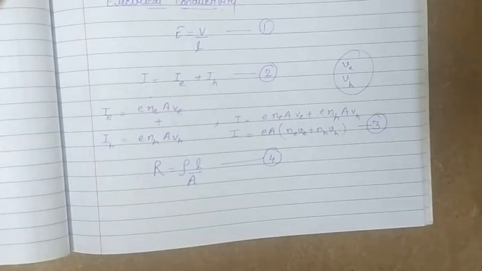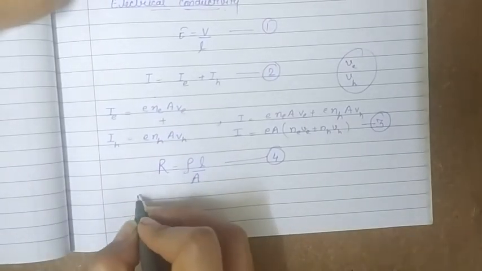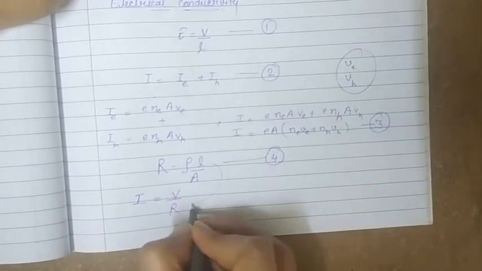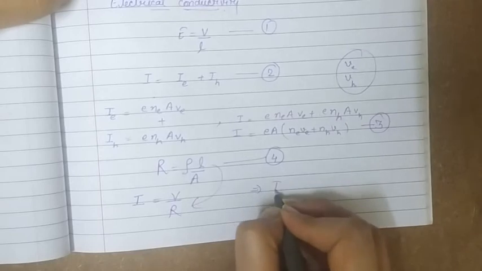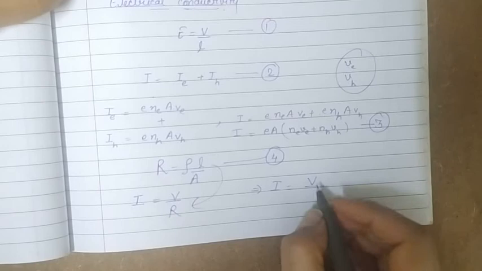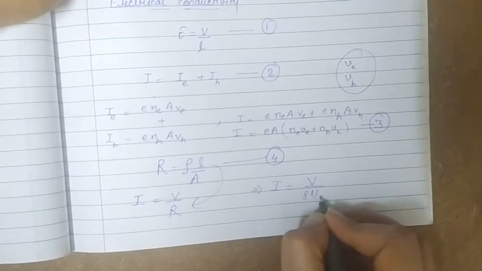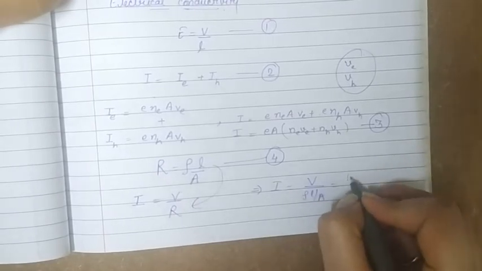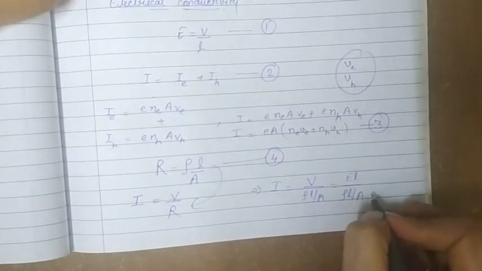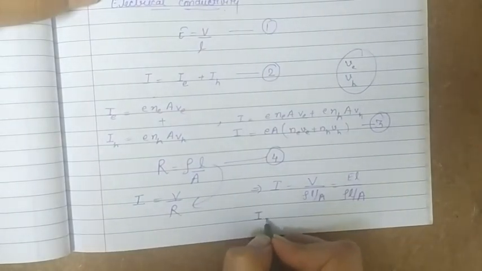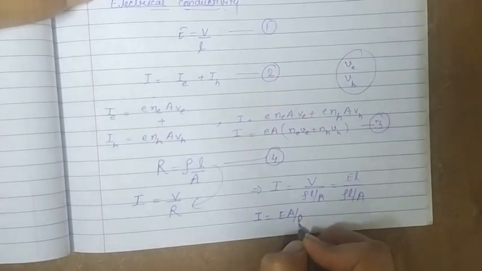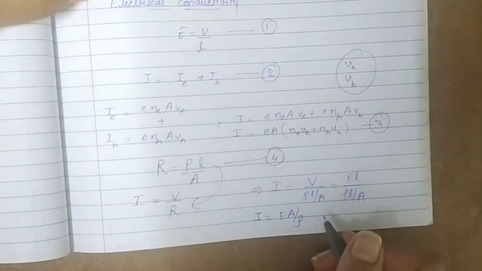By applying Ohm's law, the current across the semiconductor can be given as I is equal to V upon R. If we apply this relation here, we get I is equal to V upon rho L upon A, and V is also equal to EL by equation number 1. On solving this we get the total current I is equal to EA upon rho.